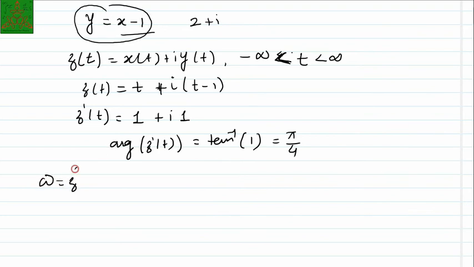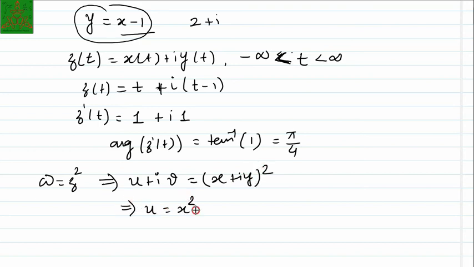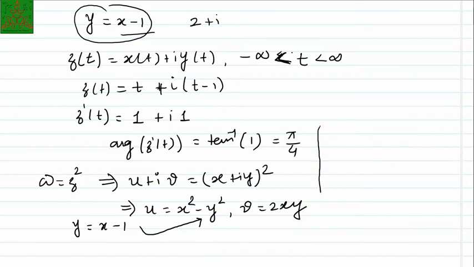If I substitute w as u plus iv and z as x plus iy and simplify both sides, you will have u equal to x square minus y square, and v equal to 2xy. Now we just substitute the value y equal to x minus 1 into this.